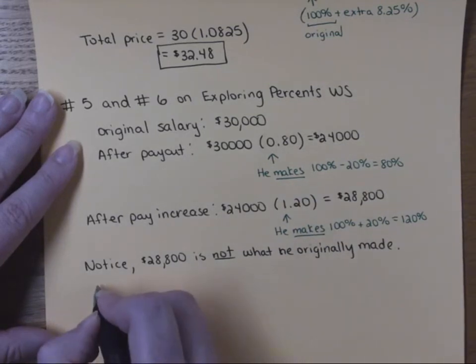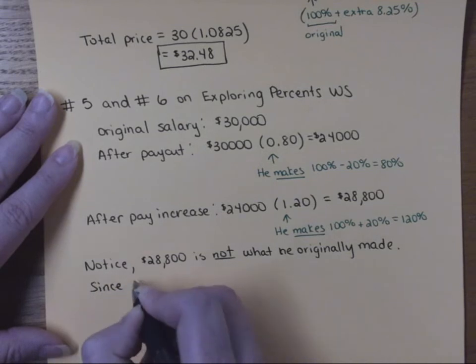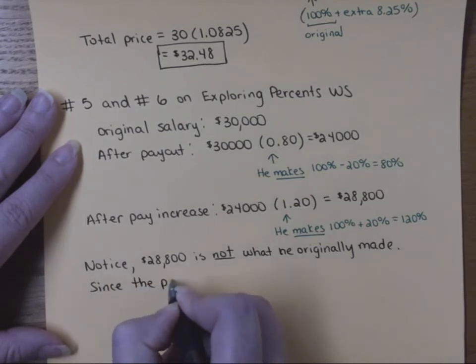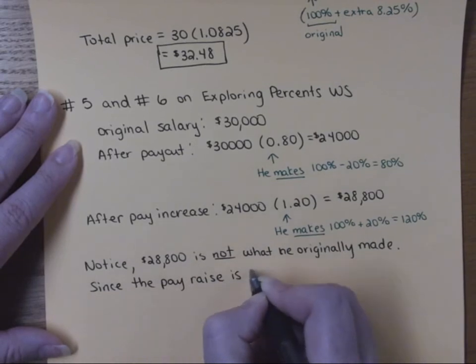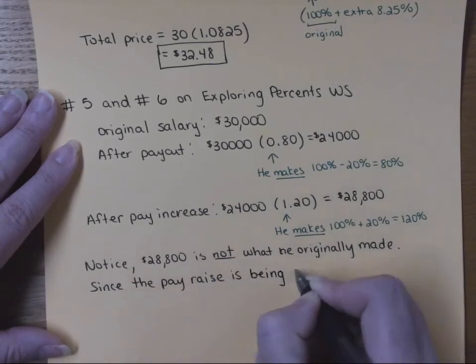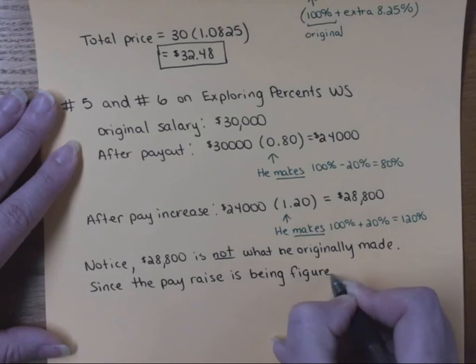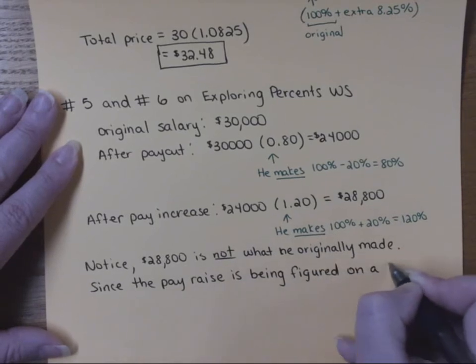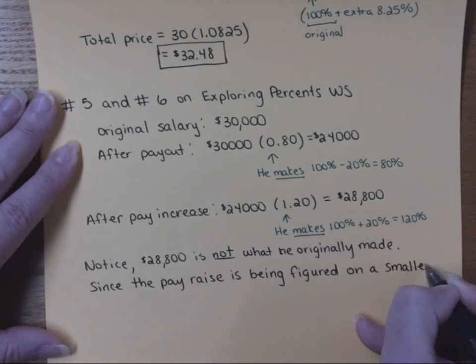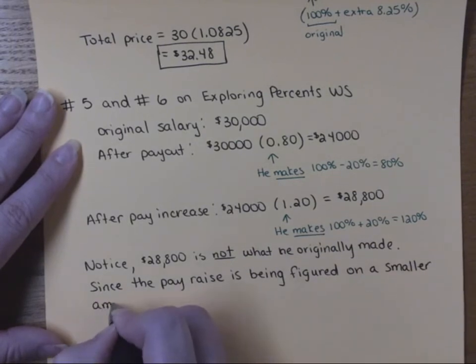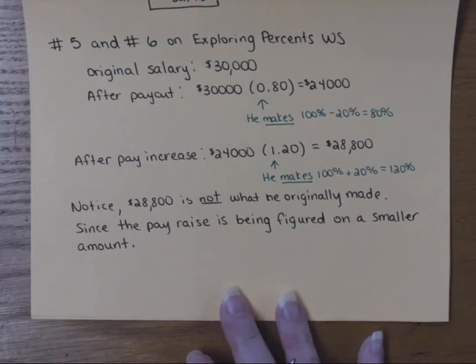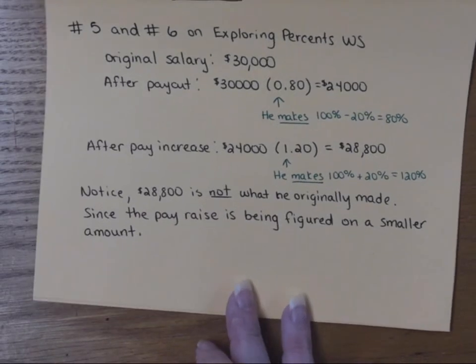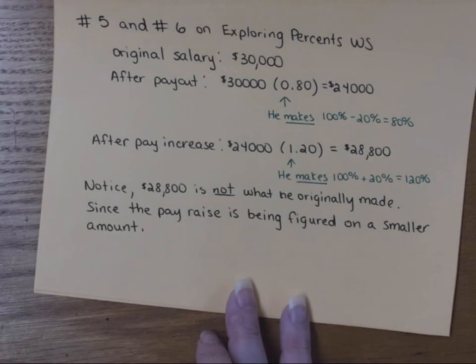So the reason it doesn't work is because the pay raise is being figured on a smaller amount. In other words, the 24,000 rather than his original 30. Okay, so that's one of the principles of percentages, right? It depends on what you're taking the percentage of as far as what the value is.